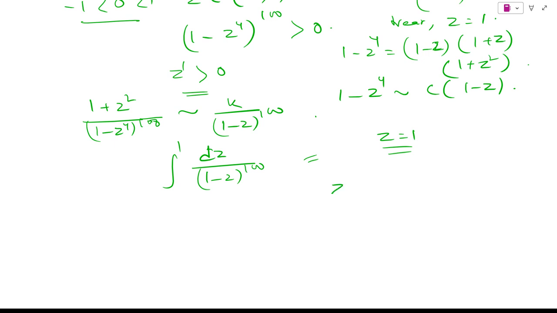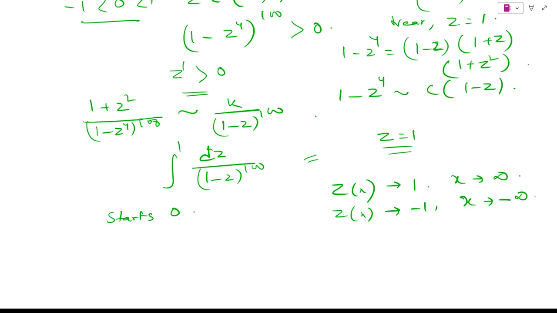Instead, z of x tends to 1 as x tends to infinity, and similarly z of x tends to minus 1 as x tends to minus infinity. Okay, so what is the geometric interpretation over here? The trajectory starts at 0.